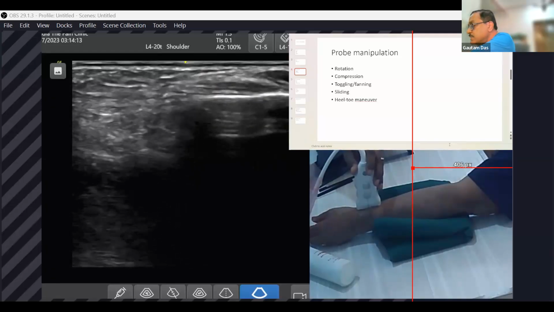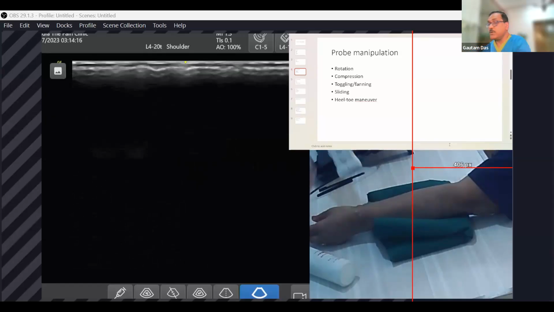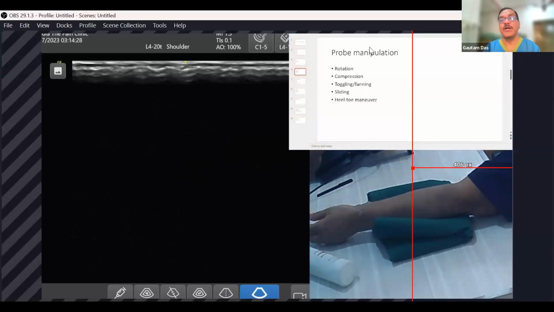Now, why is it important? This is important to make the structures look better. Let me try to explain with the annotation what exactly the heel-toe maneuver is and how you can use it better. Suppose this is your ultrasound probe, and this is your needle or any desired structure.